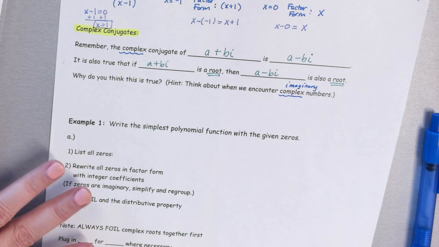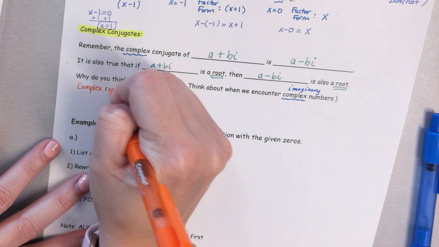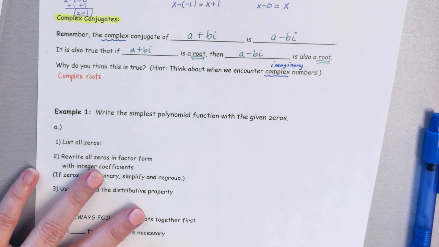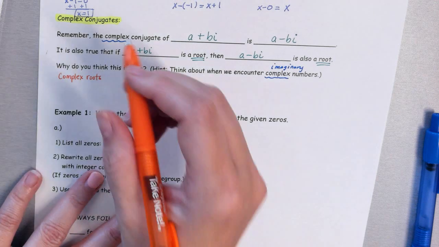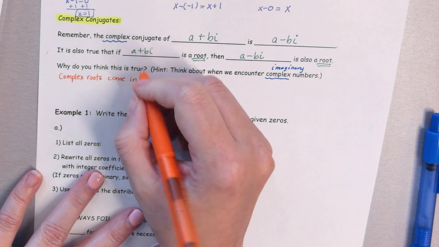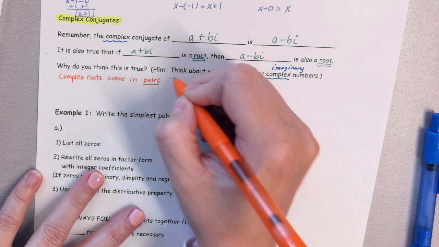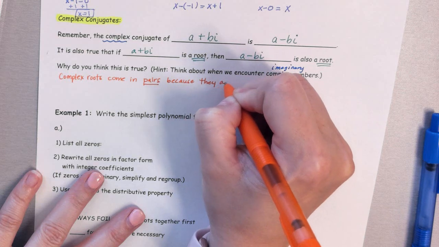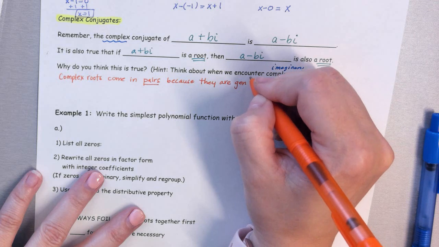We talked about this yesterday, except we didn't talk about this with complex roots. We talked about this with the irrational roots. Complex roots work very similarly. So complex roots come in pairs because they are generated from what? When does the i come?